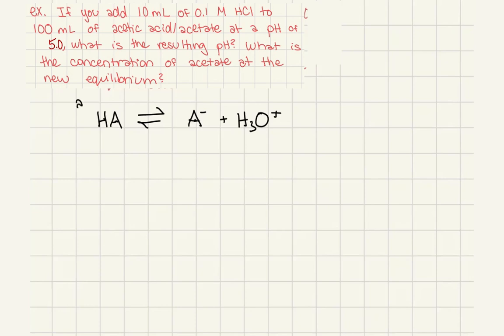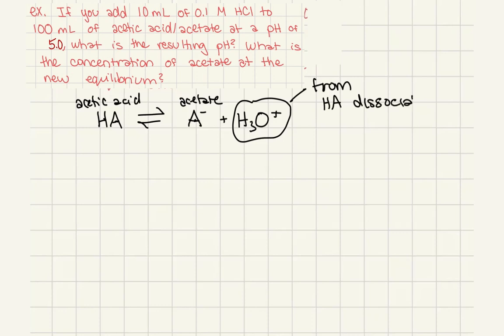So remember that in this case, we have our acetic acid and we have our acetate and then we have our protons. And importantly, this is from our HA dissociation and from external sources.